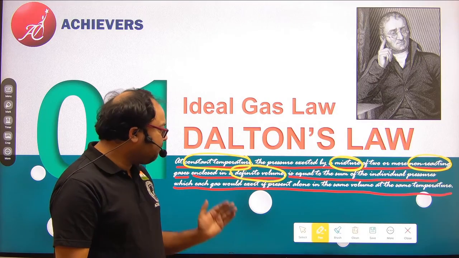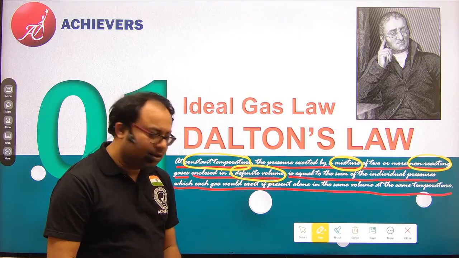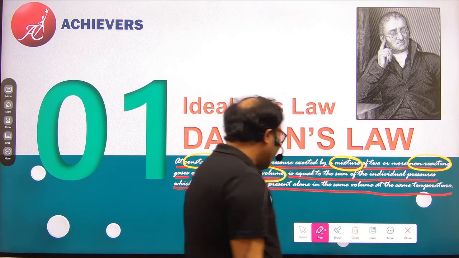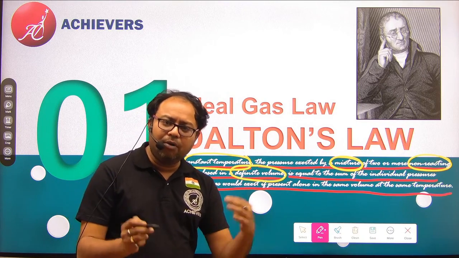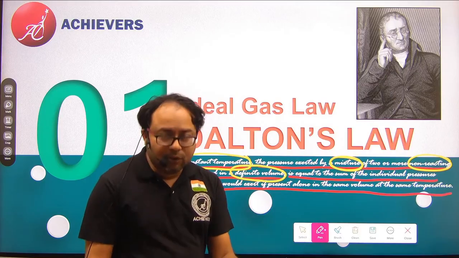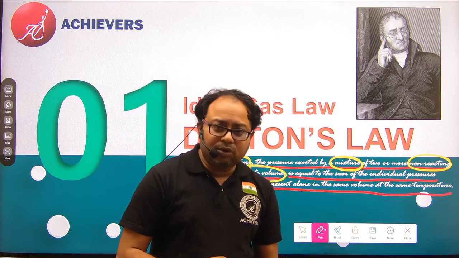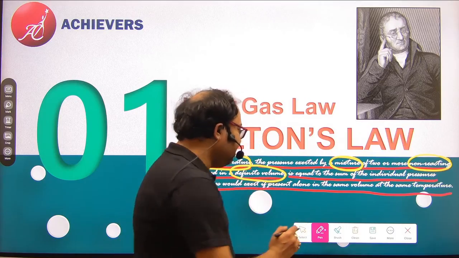So we have kept temperature and volume constant, and we are dealing with a mixture of two or more ideal gases which do not react with each other. And now what we are trying to do is interpret something about the pressure.